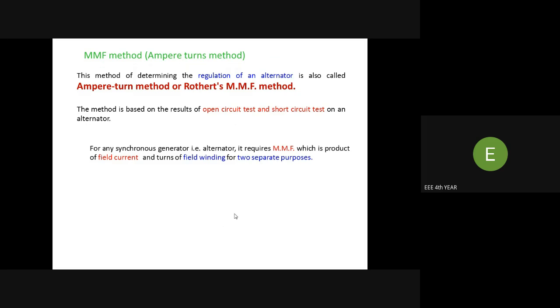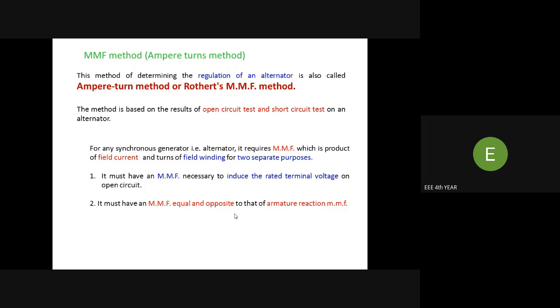For any synchronous generator, it requires MMF, which is the product of field current and turns of field winding, for two separate purposes. First, it must have an MMF necessary to induce the rated terminal voltage on open circuit. Second, it must have an MMF equal and opposite to that of the armature reaction MMF.